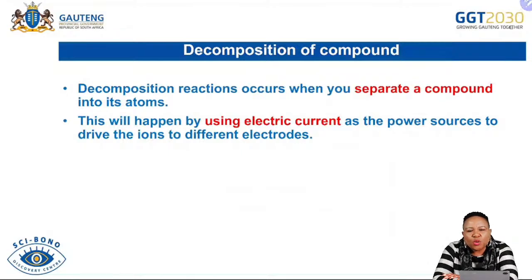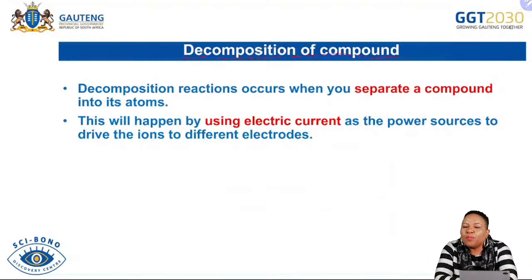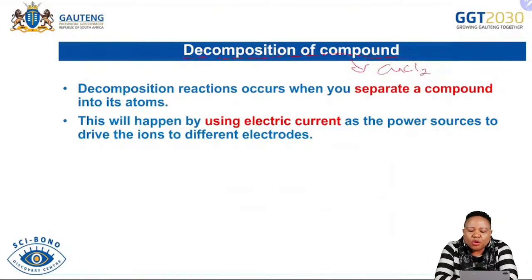Our first process is the decomposition process of a compound. I am saying a compound because it will depend on which compound we are going to decompose. However, for the sake of this lesson, I'm going to use copper 2 chloride. We are going to see what type of reactions occur when copper chloride is decomposed using electricity, in terms of electrolysis.